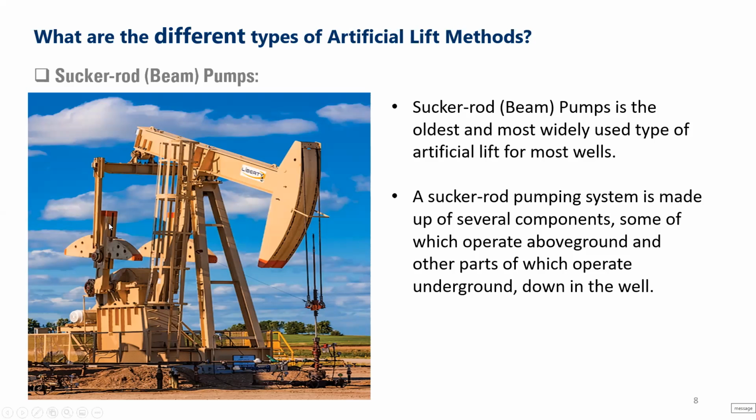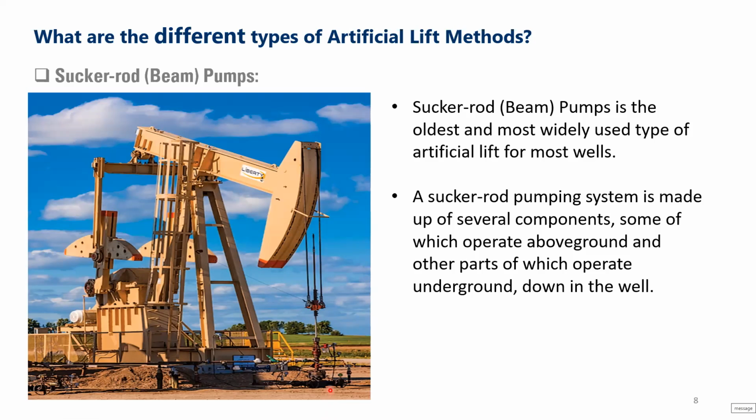So we have the motor and everything on the surface, but we also have some parts that go into the well to produce it. Here on the surface we have the motor that drives the beam, and the beam gives us the rotation and the stroke when it goes down.